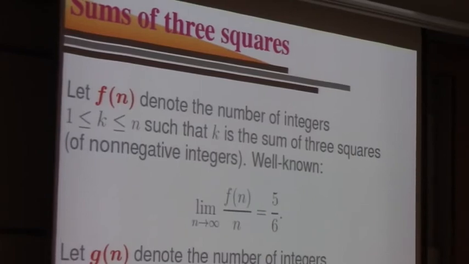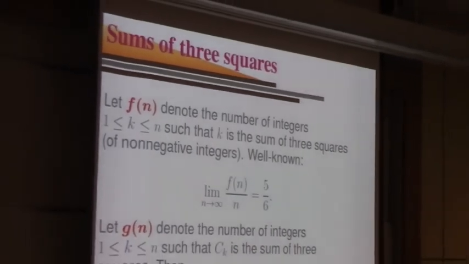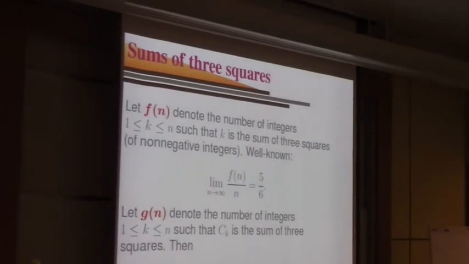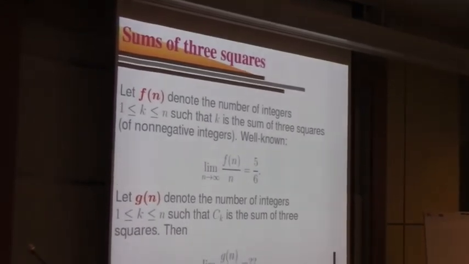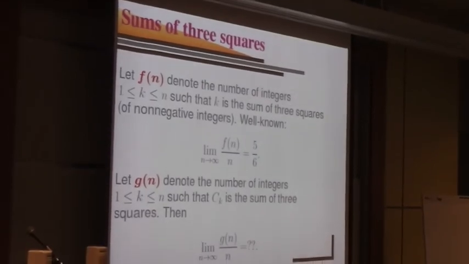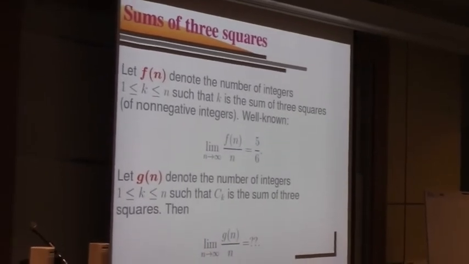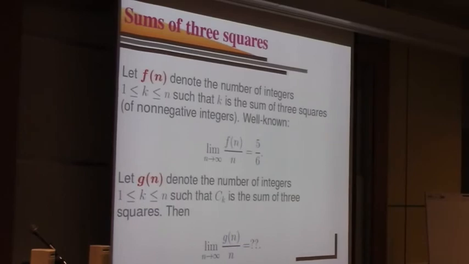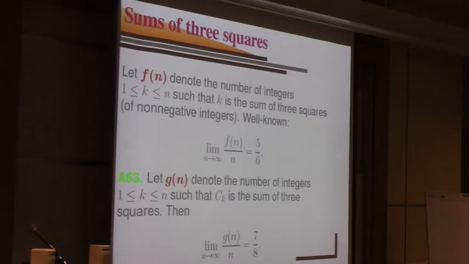So let Gn be the number of integers between 1 and n such that the Catalan number is a sum of 3 squares. What is this limiting density? Do you think it's less than, equal to, or greater than 5/6? 7/8. It's actually not so hard to see that.